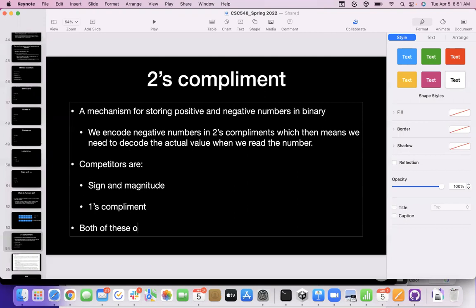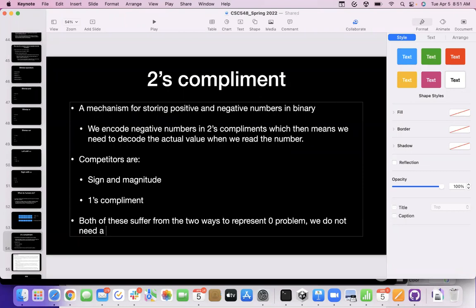Both of these suffer from the 2 ways to represent 0 problem. We do not need a positive 0 and a negative 0, but both of these competitors have that, which means that there's one more number that we're not able to store.